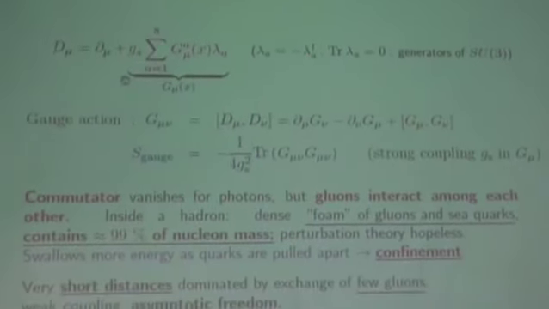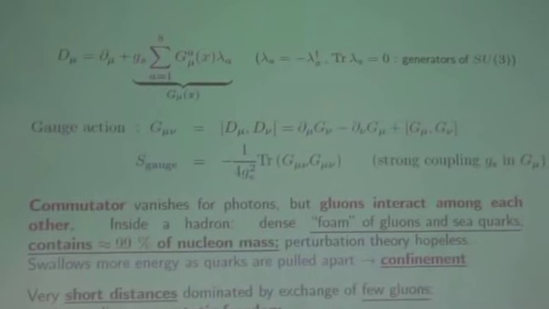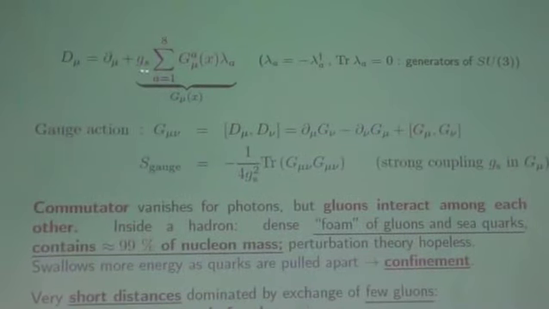Now the covariant derivative in this case is given here as the derivative plus, as before, the coupling times a phase. Now, of course, this phase is generalized to a sum over the generators, in this case 8 generators, that can be written, for instance, by the Gell-Mann matrices here.